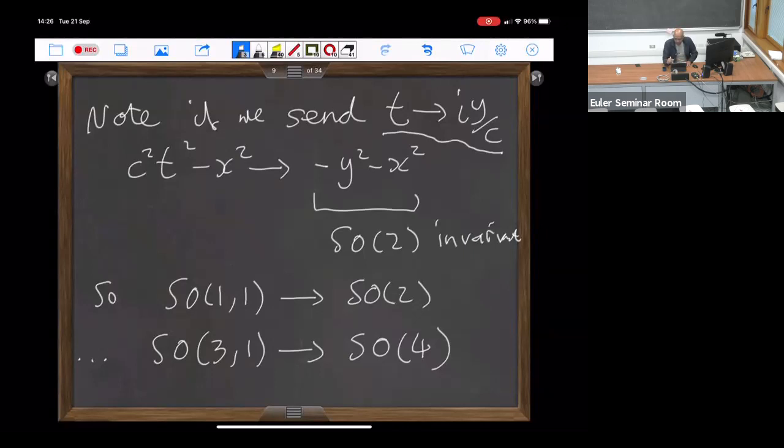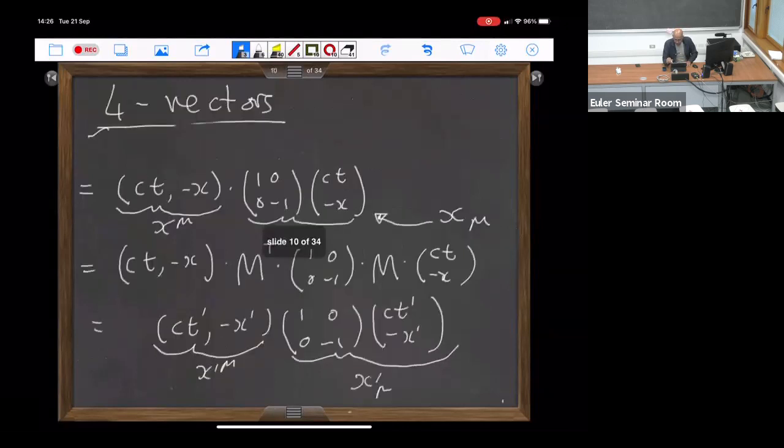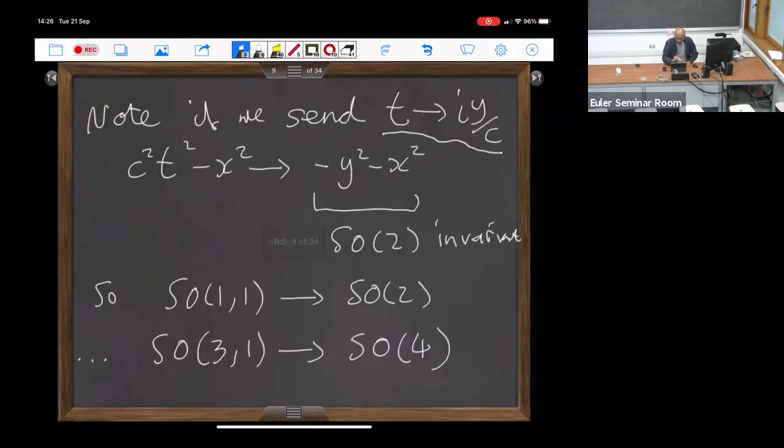So what we're going to do now is look at SO(4) in the same way that we looked at SO(3) before, and rederive the algebra.